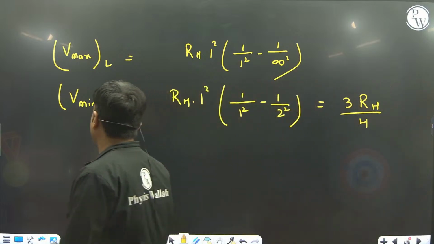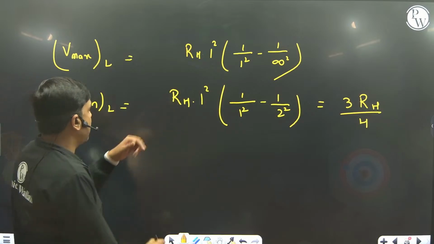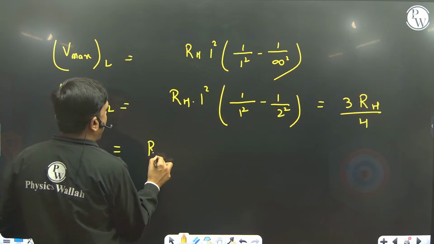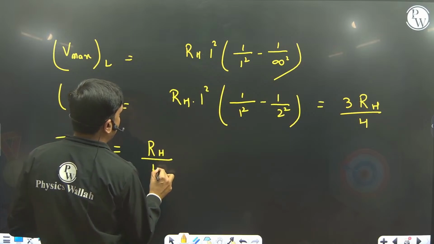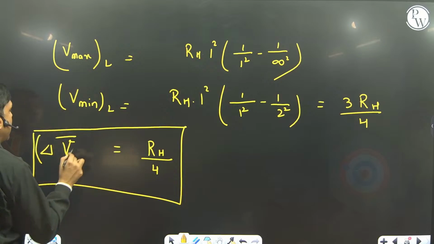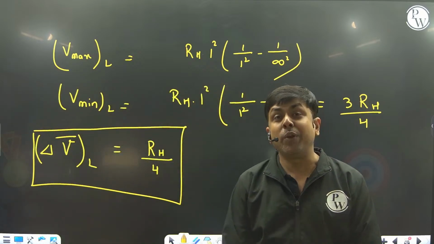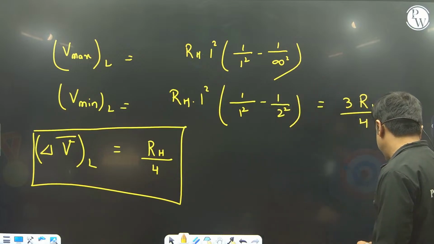Now I need to calculate delta of this. So delta of this is nothing but RH upon 4, right? This is for Lyman. Now in the same way, can I calculate for Balmer also? Yes.